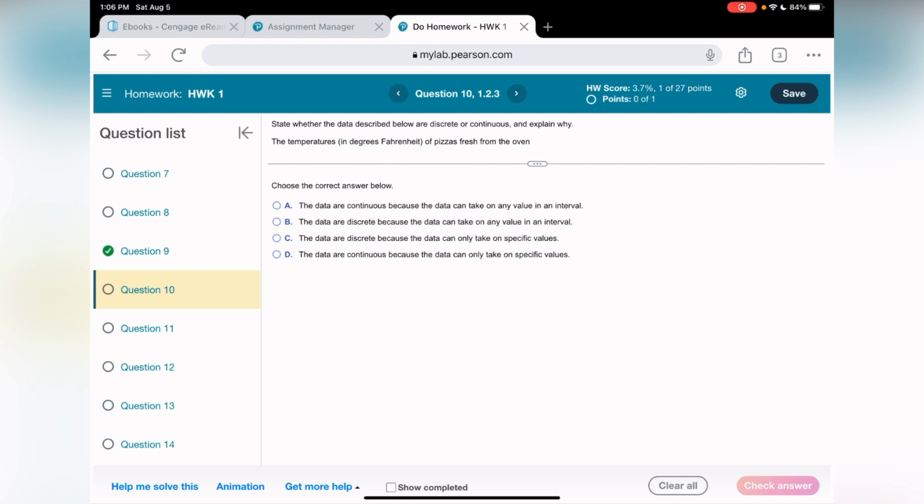Therefore, the discrete choices, B and C, fall out of the game, and I will have A and D. A: the data are continuous because the data can take on any value in an interval. Bingo. Remember I told you that continuous can be measured in values over some interval. But out of curiosity, let's read D: the data are continuous because the data can only take on specific values. No, that's not true. It can take any value.